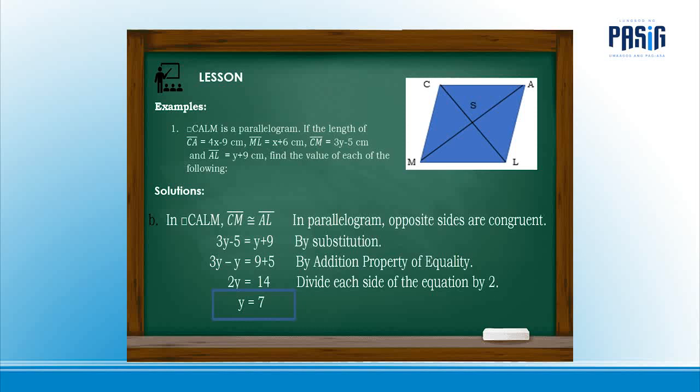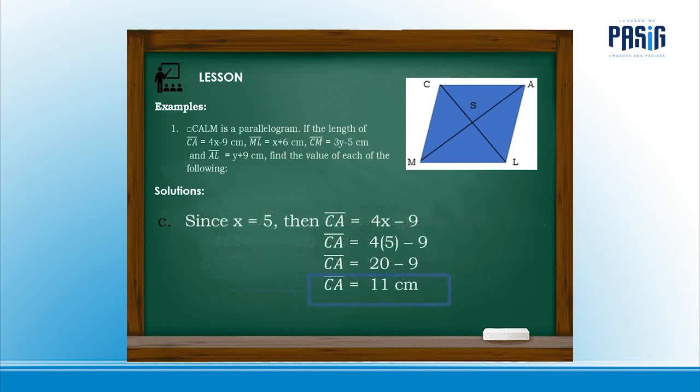Then, 3y minus y is equal to 9 plus 5 by the addition property of equality. By simplifying, the resulting equation is 2y equals 14. To solve for y, divide each side of the equation by 2. Therefore, y is equal to 7. Let us now have the solutions to find the value of side CA.